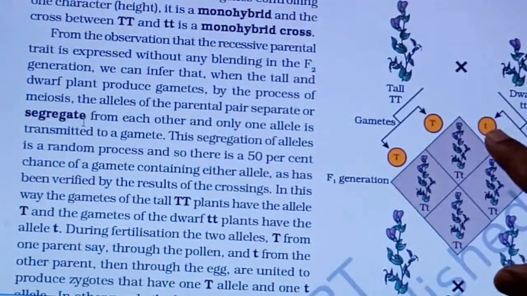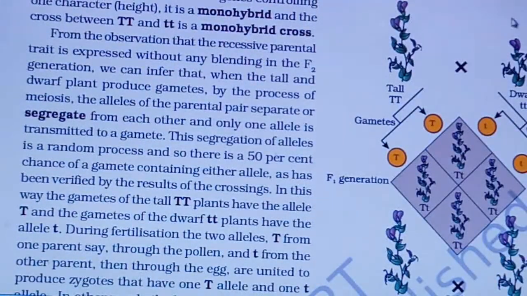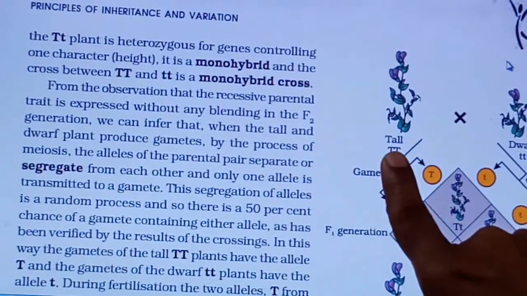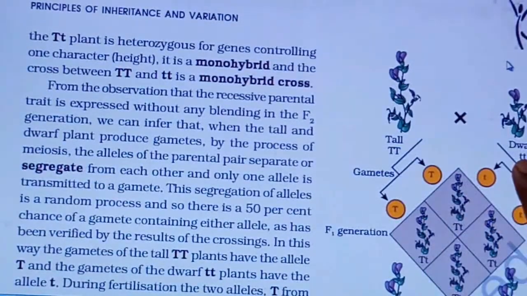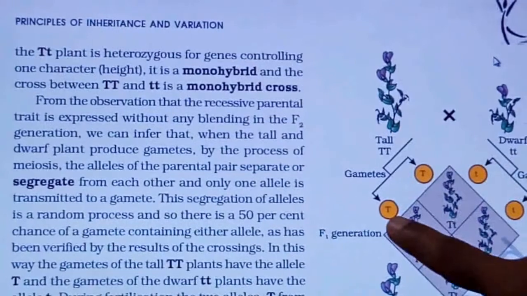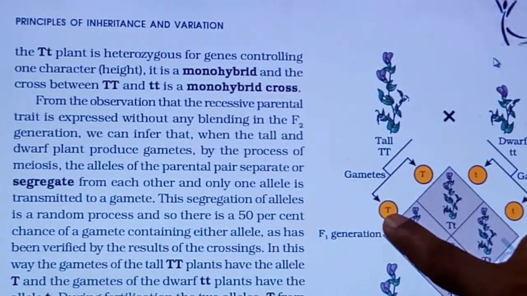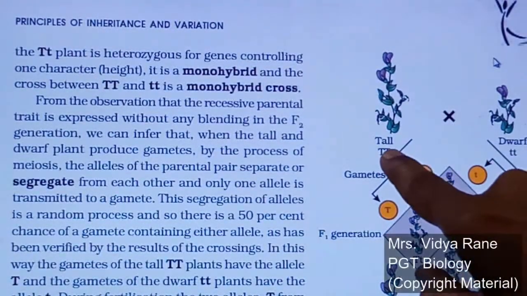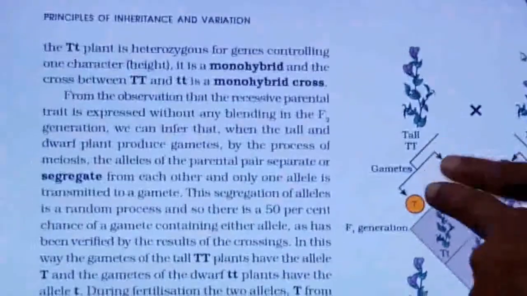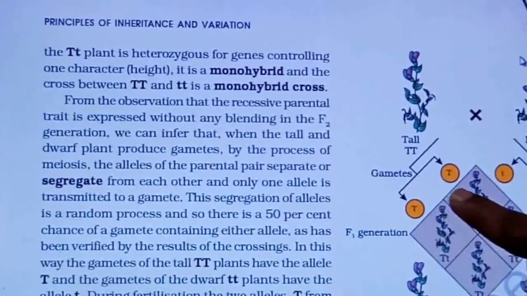In this also you can see a cross is there, right? In that, the parent capital T is crossed with homozygous recessive, that is small t. Whenever the gametes are formed, one T goes in a single gamete, another T goes in another gamete. So this is what is called segregation, get divided, right?